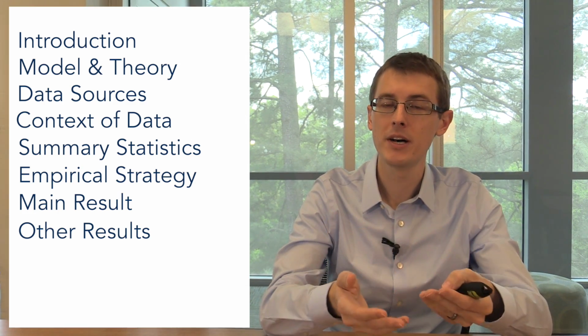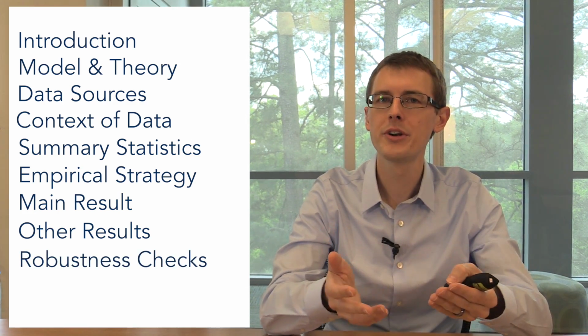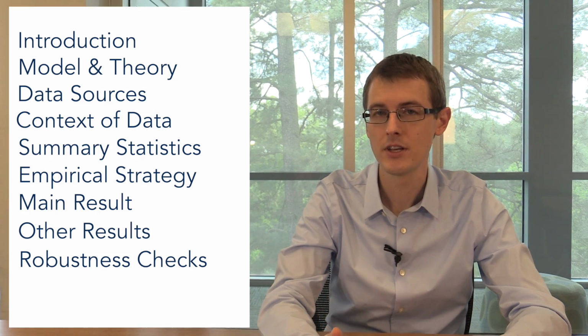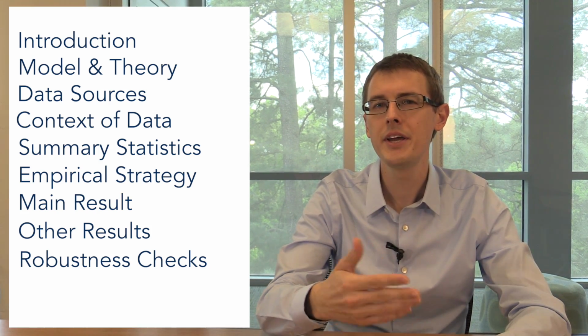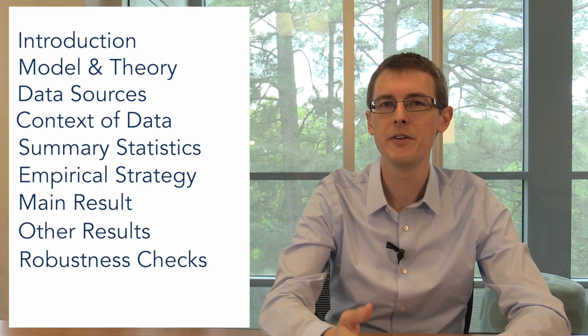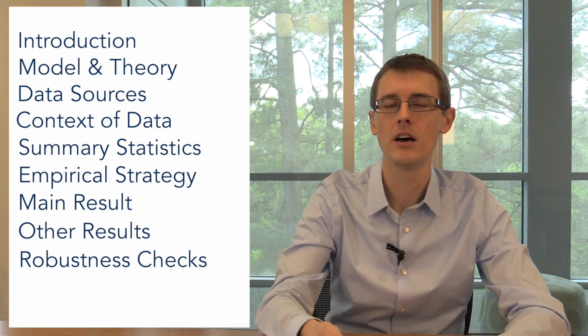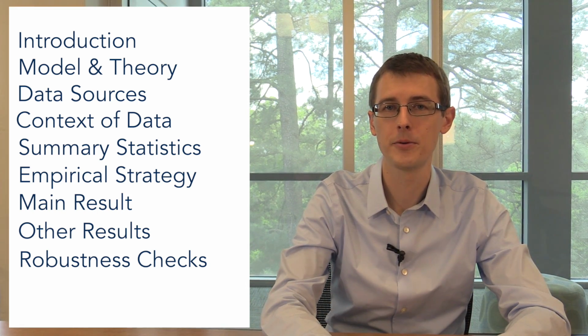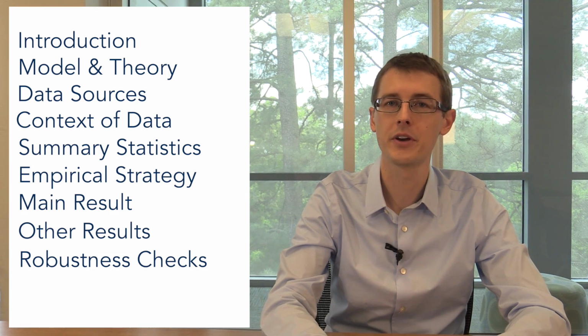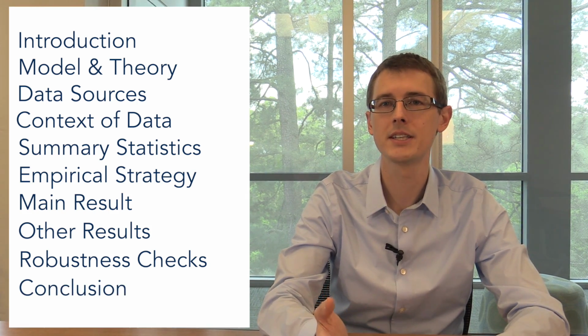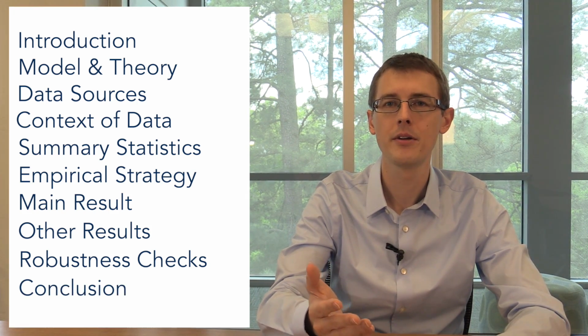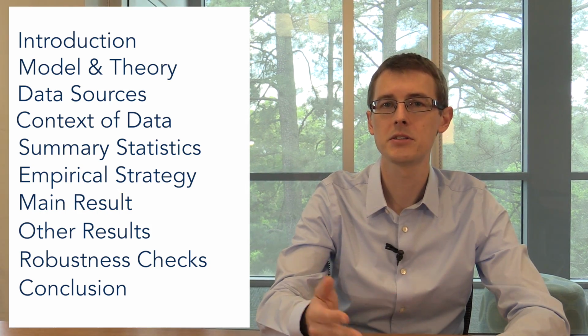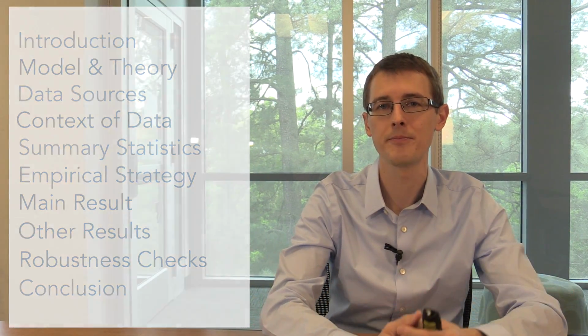Then they'll talk about some robustness checks, trying to explore different alternative explanations for their main finding, where they're really trying to convince you that they've actually found a causal effect of the treatment variable on the outcome variable. Finally, they'll end with the conclusion. Well, they'll just wrap things up and reiterate what their main finding is, talk about some other broader implications, etc. So that's the basic outline of a paper.